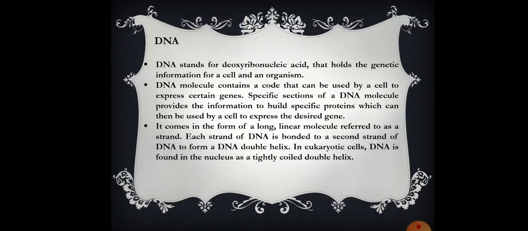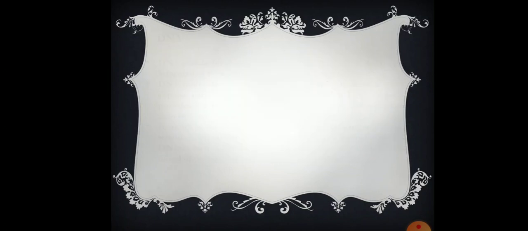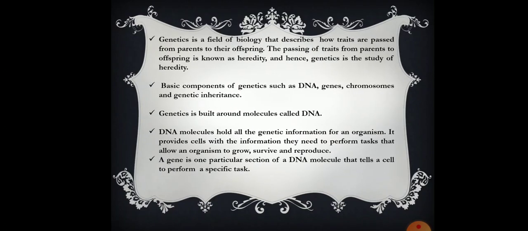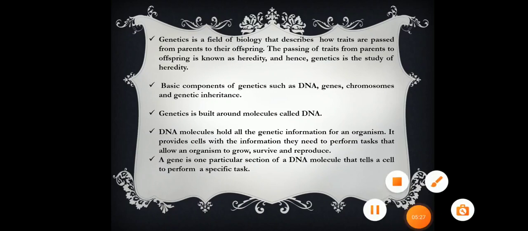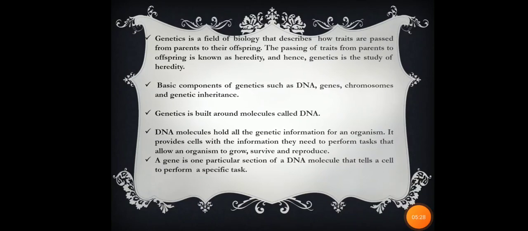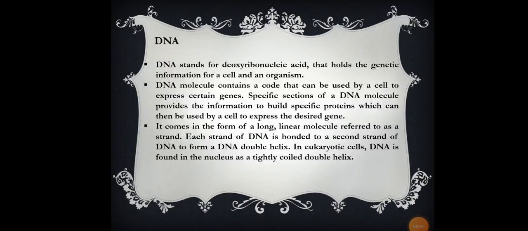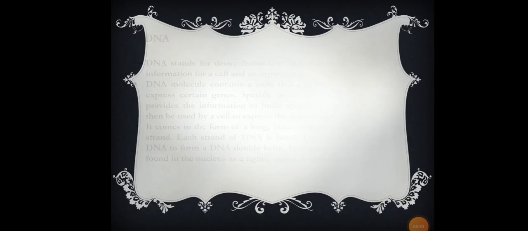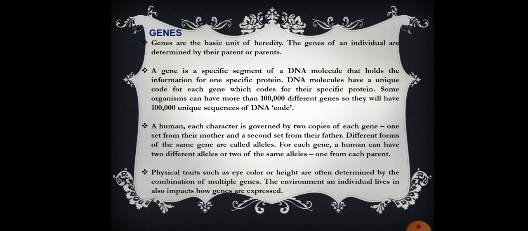Now you know that DNA is a double helical structure, so it is made up of two strands which are spirally twisted, and hence it is a double helical structure that you are familiar with. Now coming to what genes are.